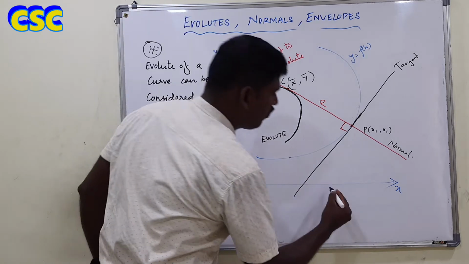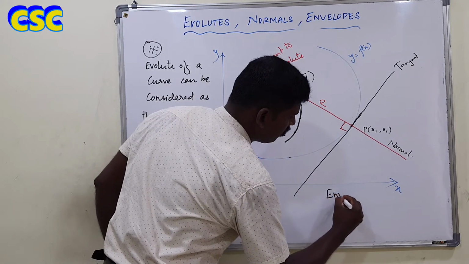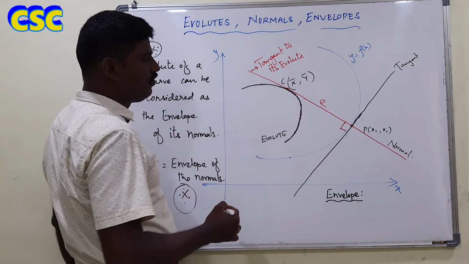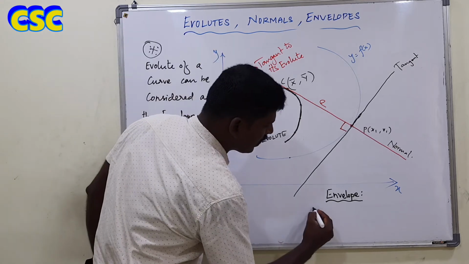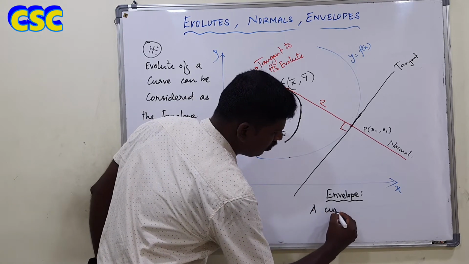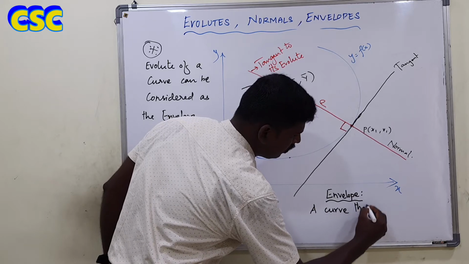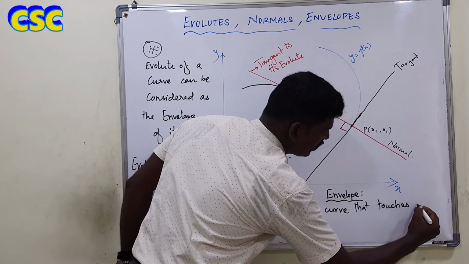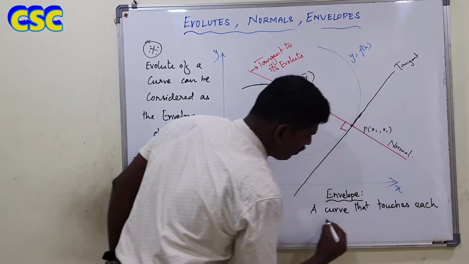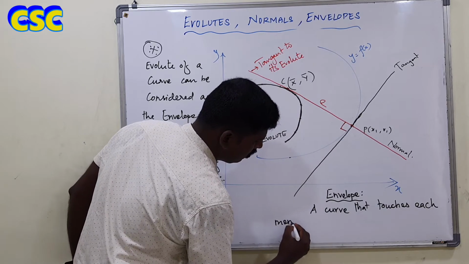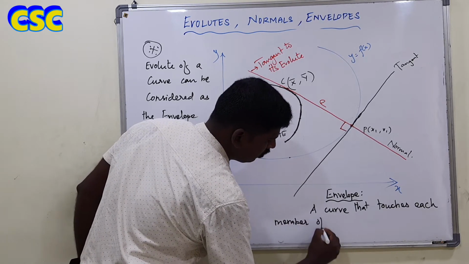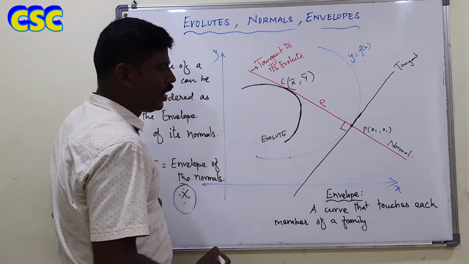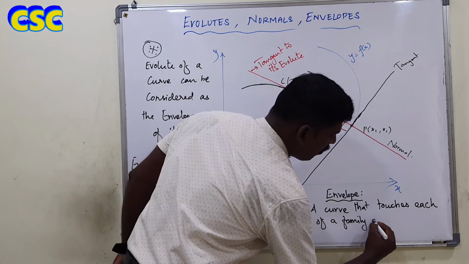What is the definition of an envelope? An envelope is a curve that touches each member of a family of curves.